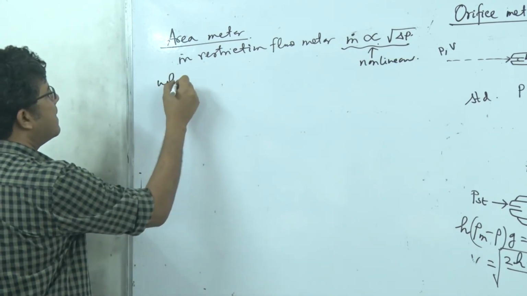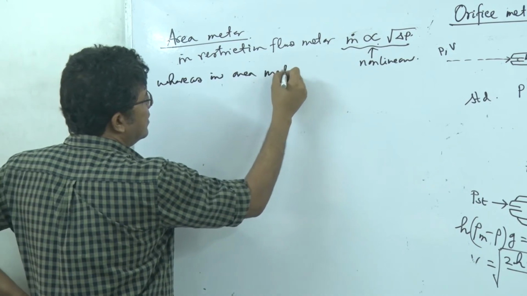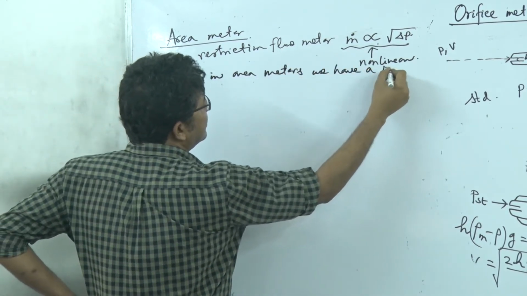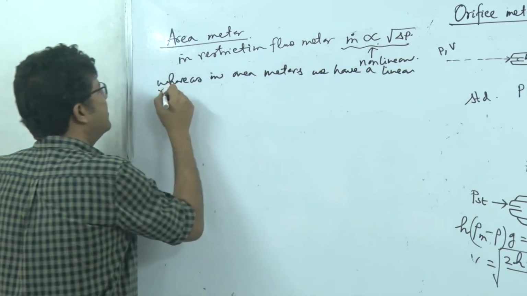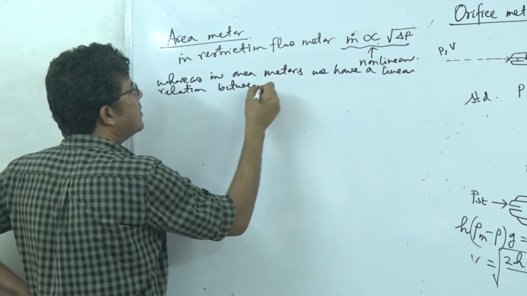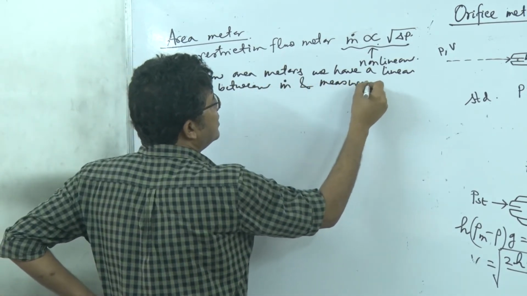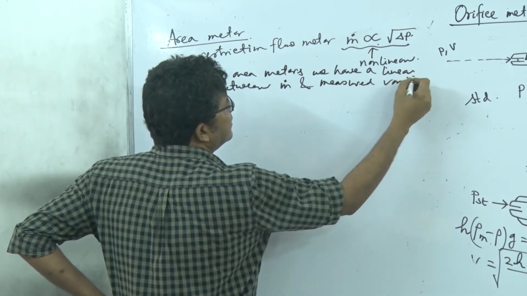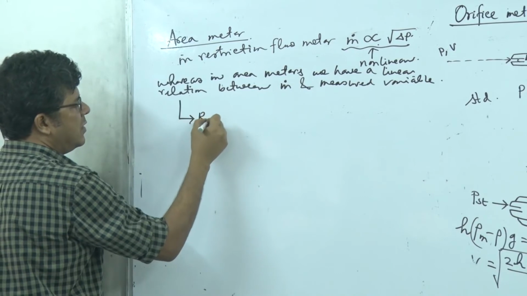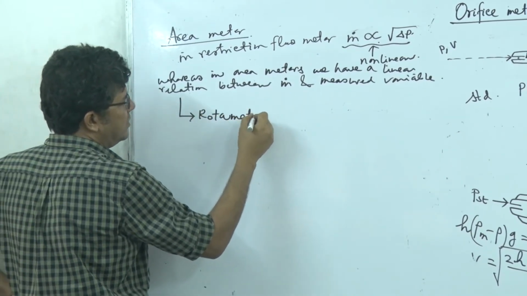Whereas in area meters, we have a linear relation between m dot and the measured value, right? So we'll discuss this typical example of area meter, which is the rotameter.